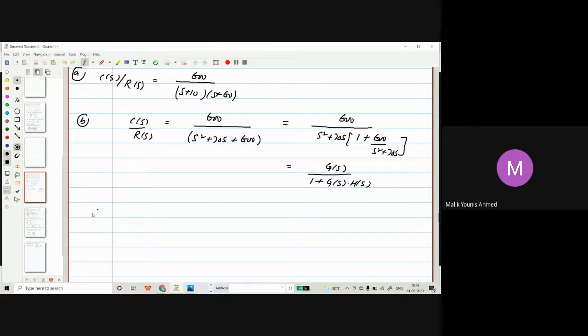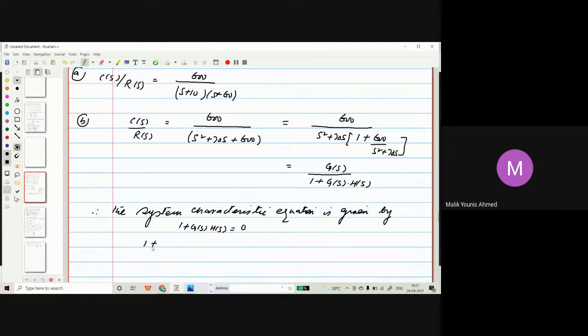Therefore the system characteristic equation is given by 1 plus g of s, h of s is equal to 0.